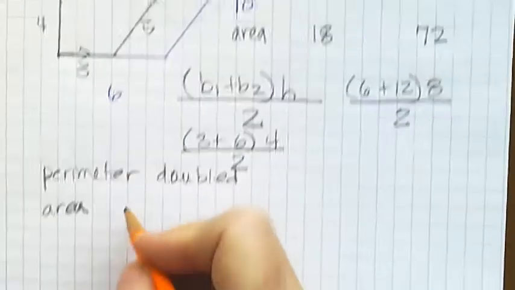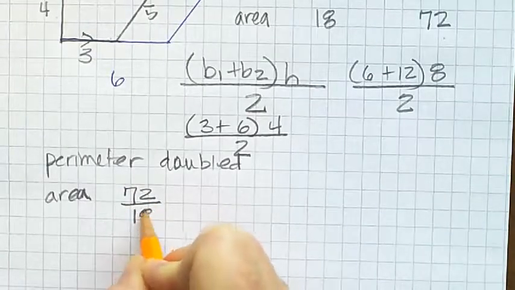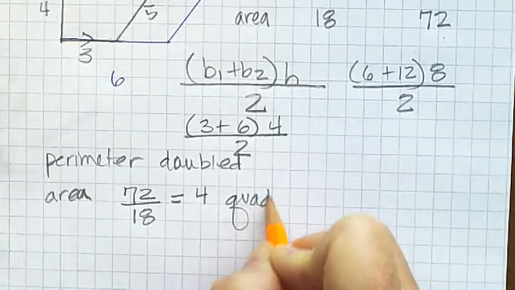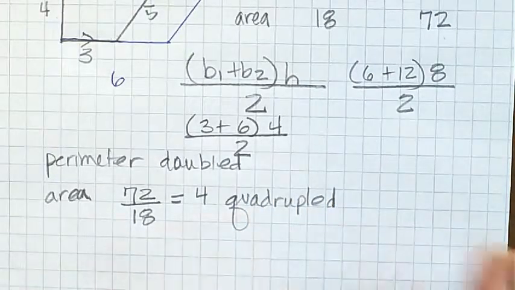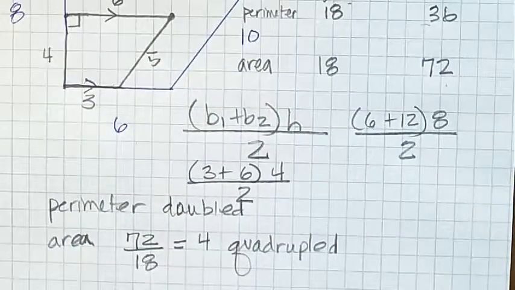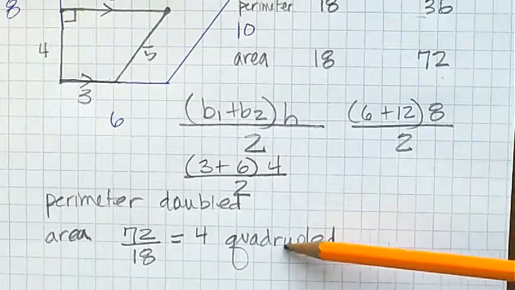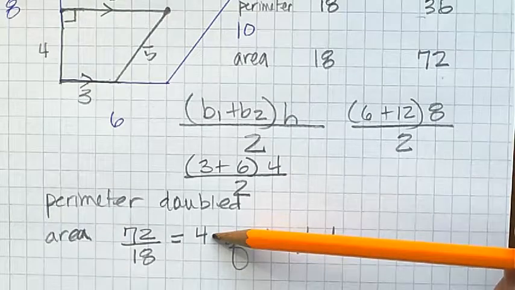So the area, let's look at that ratio, 72 over 18, quadrupled. So that's important to notice. The perimeter was affected the same way the length of each side was affected, but the area was actually affected by 4, which is the square of 2.